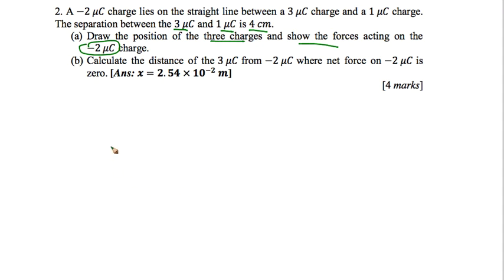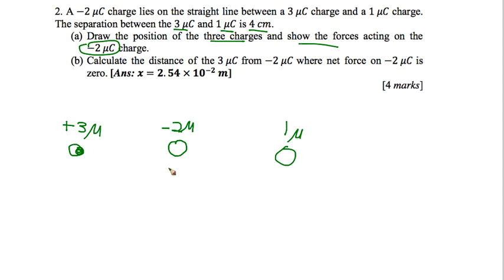So this is a charge, right? You see, this is a charge of negative 2 microcoulombs, and in between, this is the positive 3 microcoulomb charge, and the charge of 1 microcoulomb.